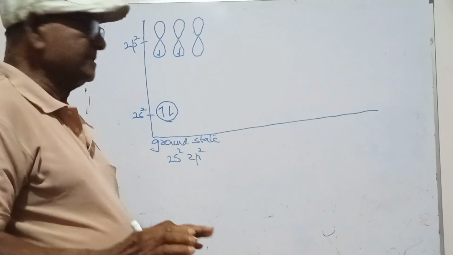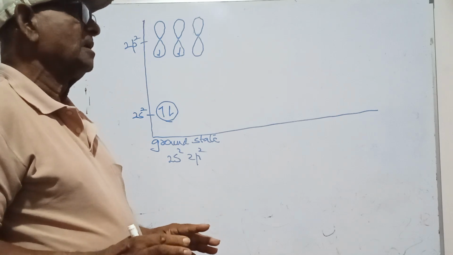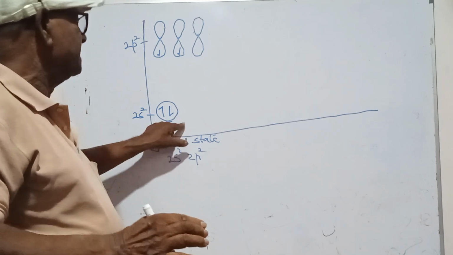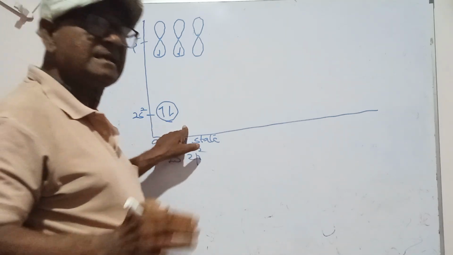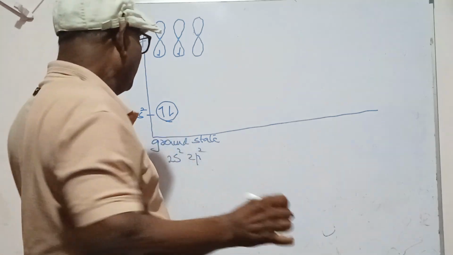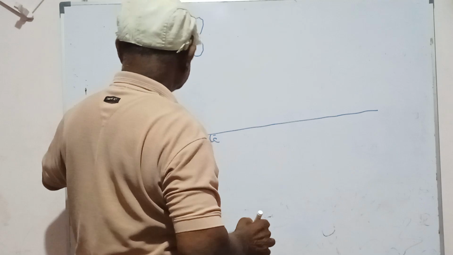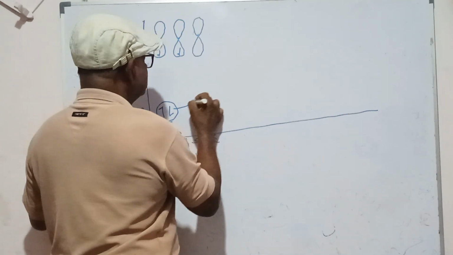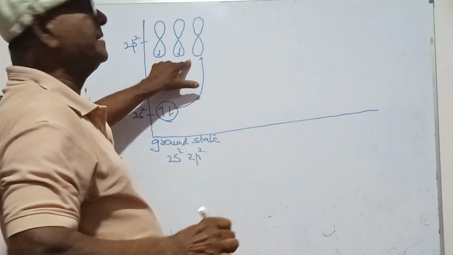Right? Then, before the formation of a compound, do you remember, it becomes excited. How? One electron of the 2s orbital transfers to the empty p orbital.